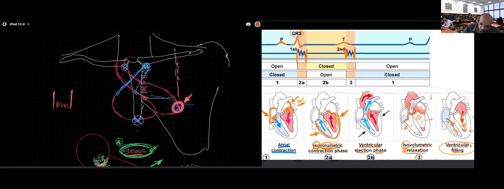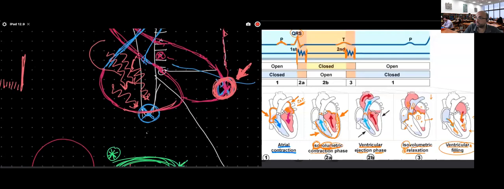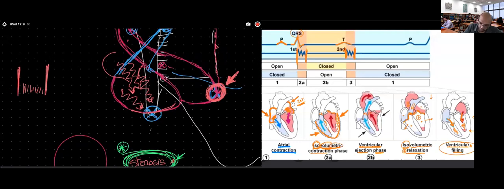How about if I have turbulence in the blood as it passes through a defective tricuspid valve? So where would you hear the turbulence here? You will hear it in the right ventricle. And where is the right ventricle located? At the lower part of my sternum.